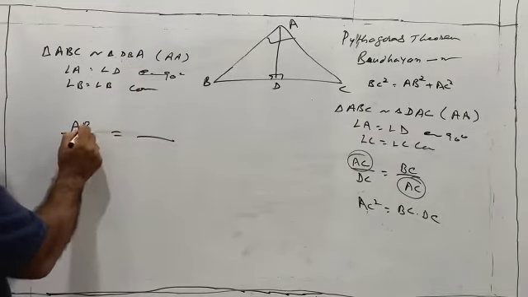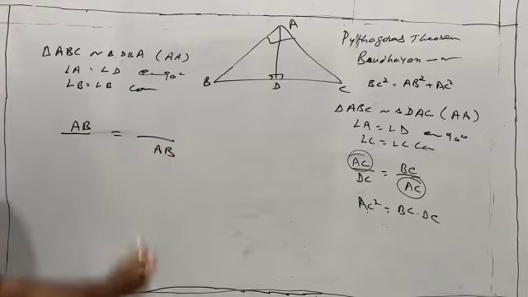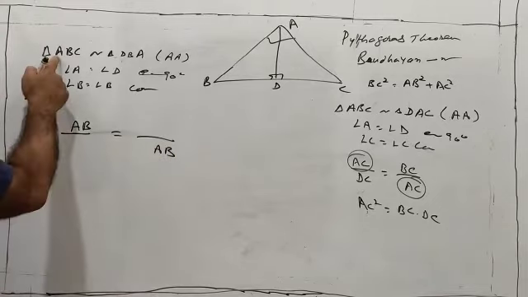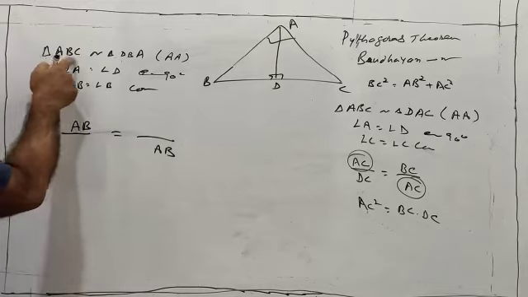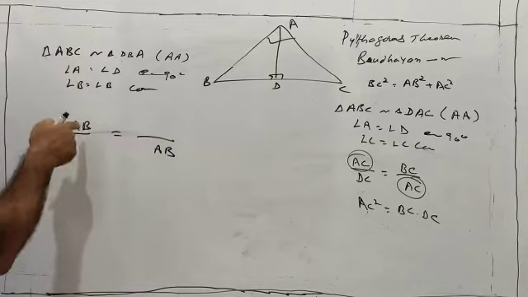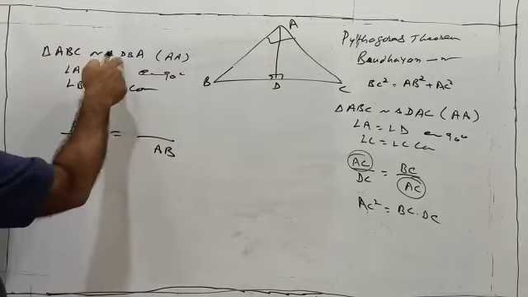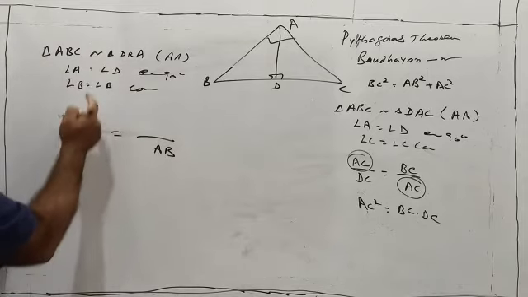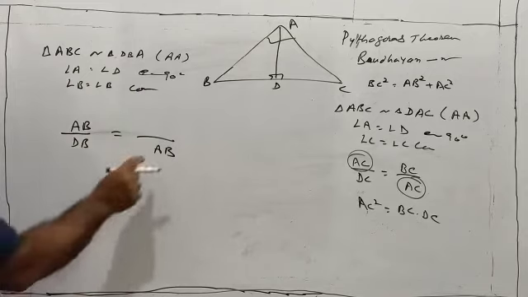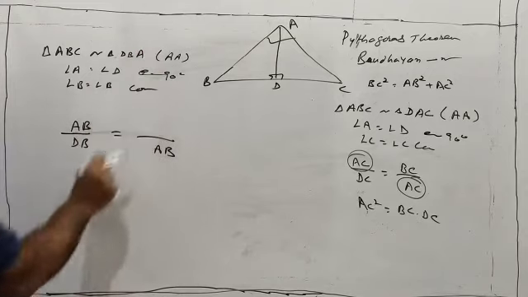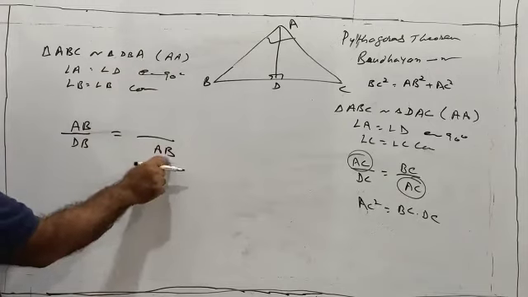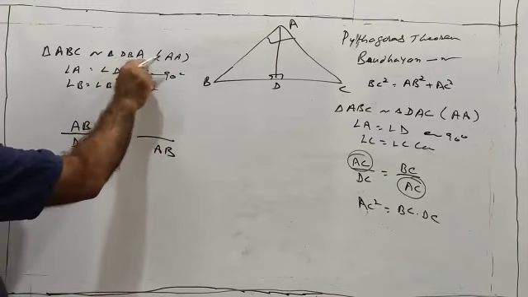If I write AB here and AB here, knowing that I have to obtain AB square, this side I have made from this triangle by using the first two vertices. AB side is made by using the first two vertices. So beneath this I will write DB, because that will form its corresponding side. And this AB I have taken from this triangle, so I know this side I have obtained using the last two vertices.